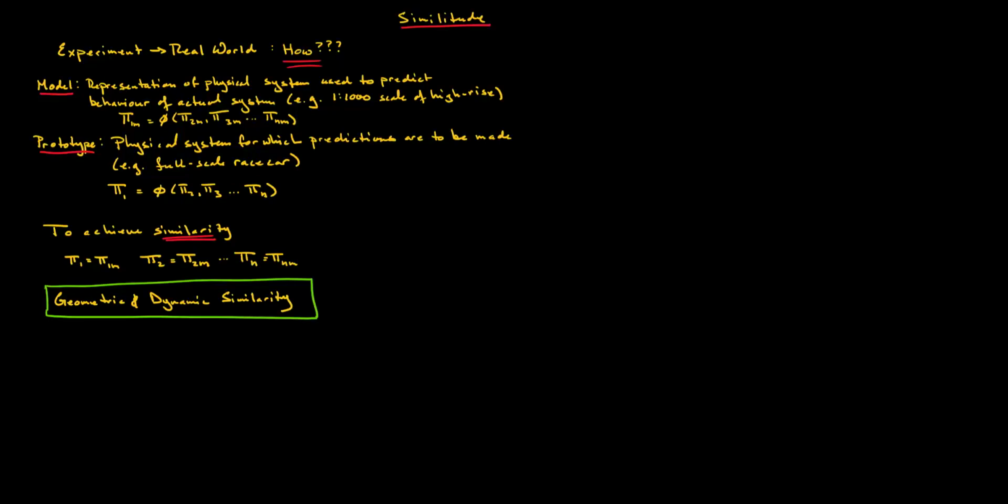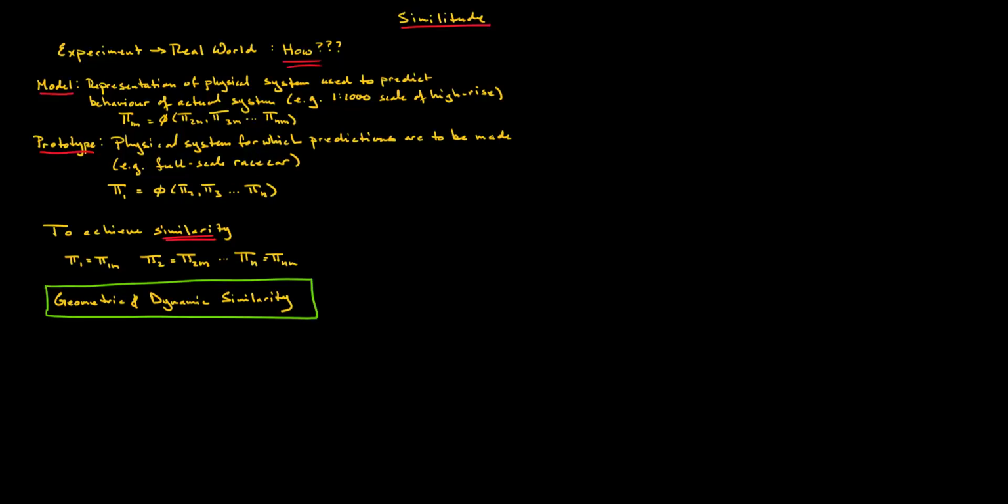And so to achieve similarity, what we need to do is just equate the various pi groups. What does this mean? When we're saying we want to achieve similarity, again, what we mean is how do we translate the model results to the prototype results?